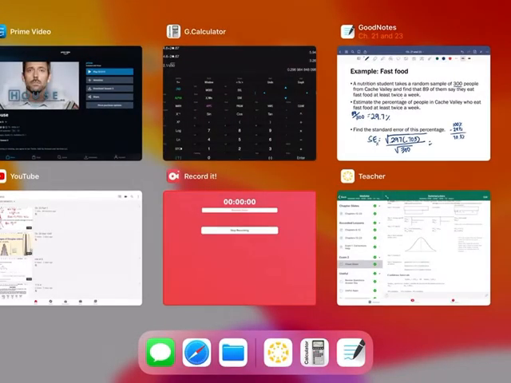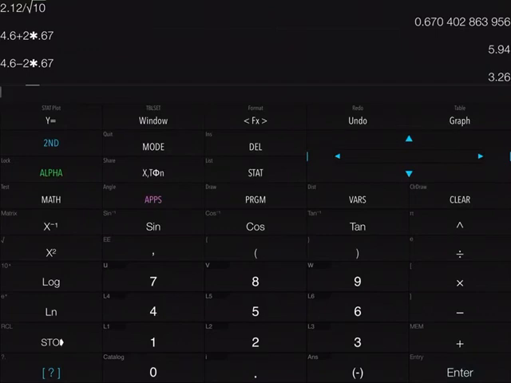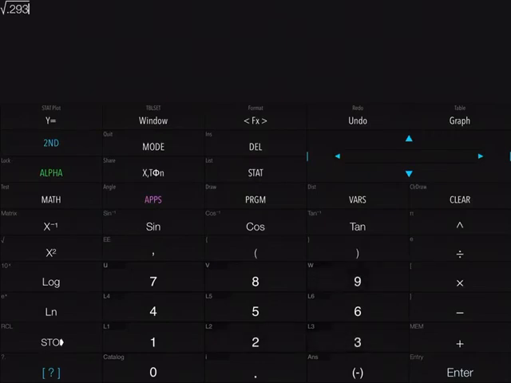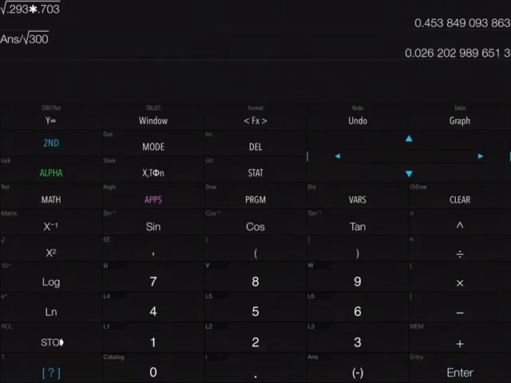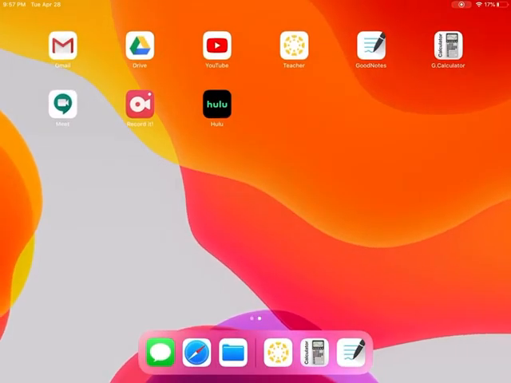And then we type that into our calculator. Okay, 0.026.